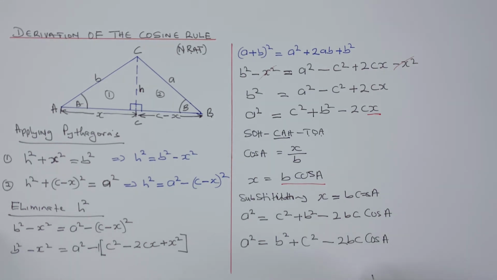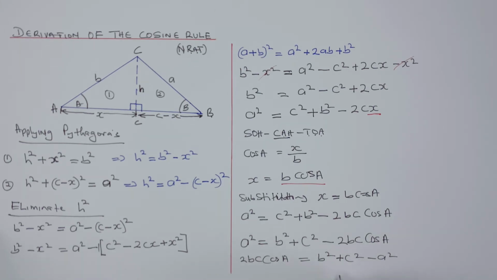And for that reason, I could write it for the other ones as well. I could rearrange this and find cos a. So I need to take minus 2bc cos a to the other side, and take a squared to that side, so I get 2bc cos of a equals b squared plus c squared minus a squared.